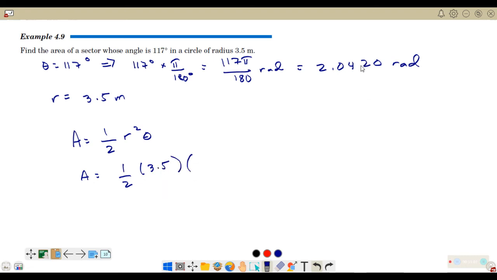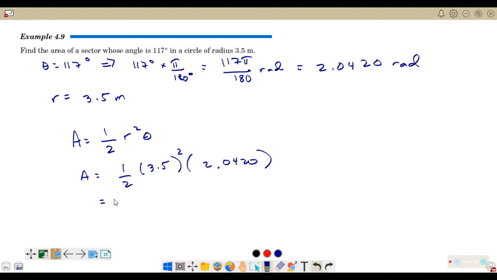Our angle, this should be squared. Our angle is 2.0420 radians. So, multiply it by 3.5 squared.